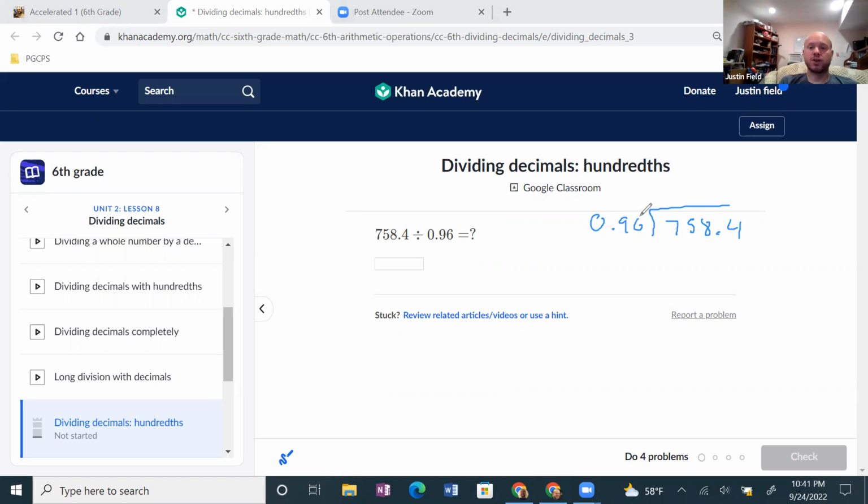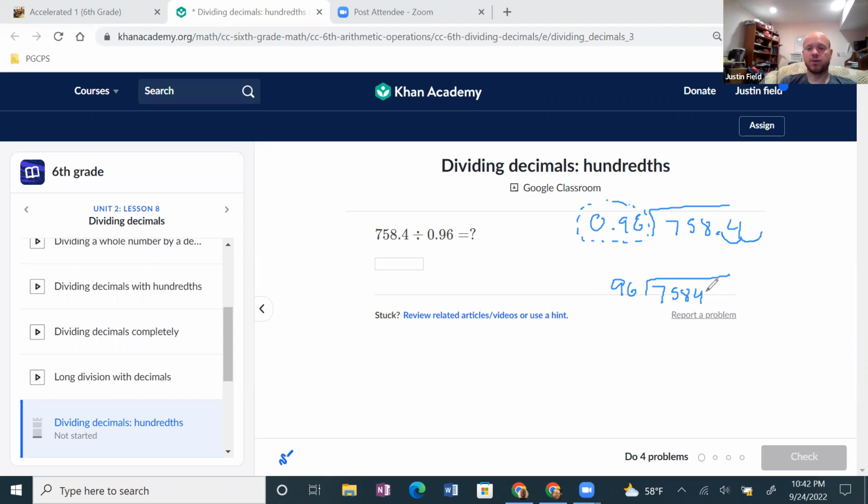So what we want to do is get rid of the decimal in that number there, the divisor, I think. And so we would need to move it 2 spaces to get rid of it. So I just do that, but that means we got to move the decimal on the inside 2 spaces as well. So that'd be 7584.